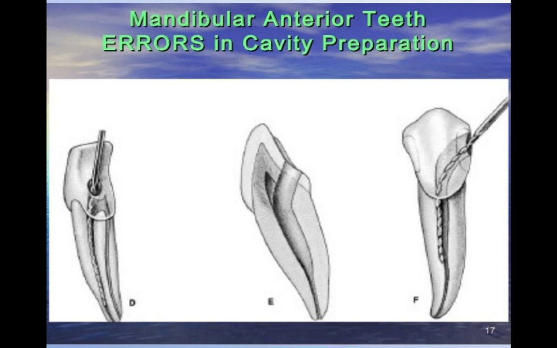We can't open from the left or right side, because if we open from the left or right side, we can't professionally use the endodontic instruments, and we may break the instruments during the treatment. That's why don't forget that on the mandibular anterior teeth we should open the pulp chamber from the lingual side, near the cutting edge.